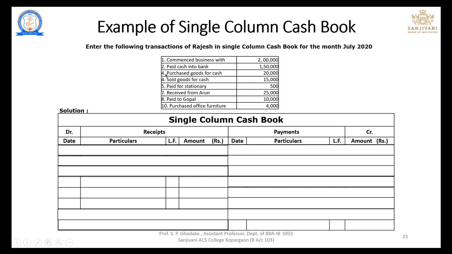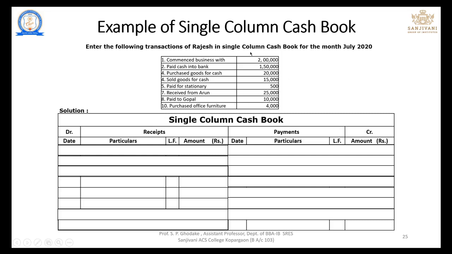Third, that is on 4th, purchased goods for cash rupees 20,000. Then on 4th, sold goods for cash 15,000. On 5th July, paid for stationery 500. On 7th July, received from Arun 25,000. On 8th, paid to Gopal 10,000. And on 10th, purchased office furniture 4,000.